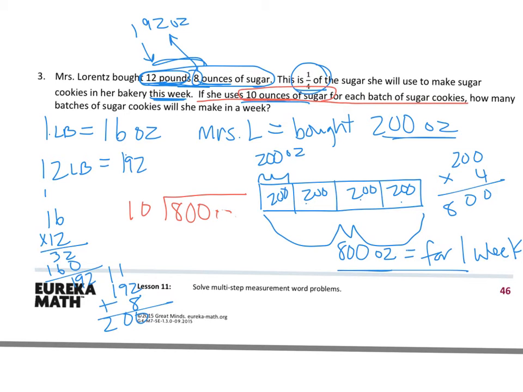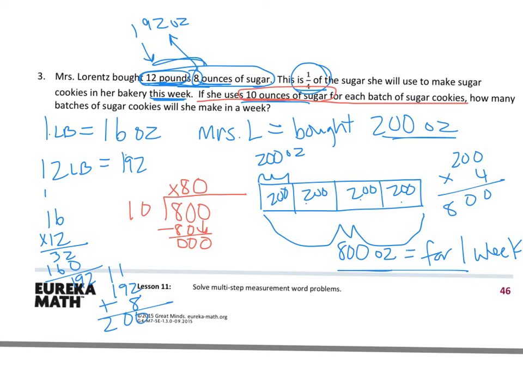And for the sake of my calculation, I'm going to erase my units for right now. And I know that 10 can go into 80 8 times. And then when I bring down my 0, 10 can go into 0 times.